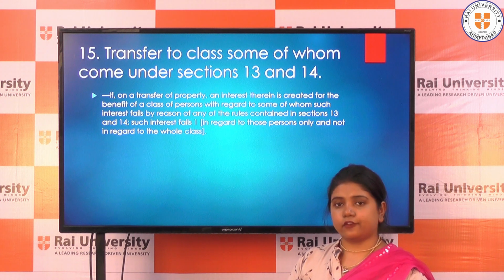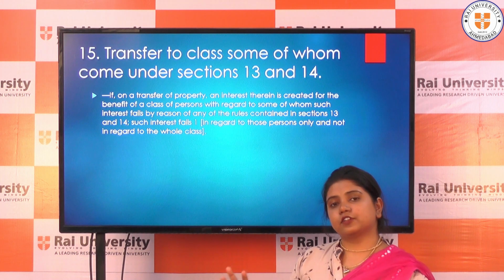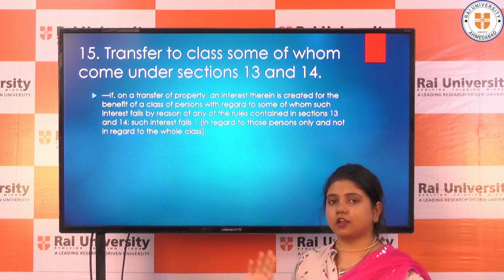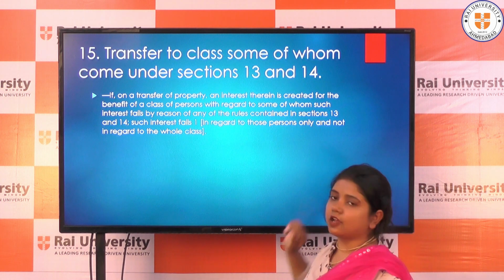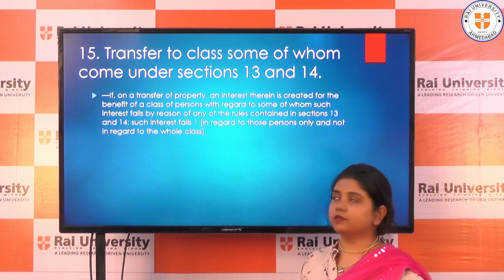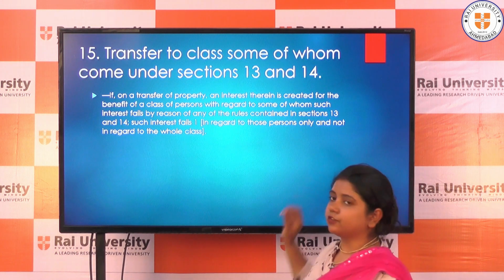So A at first has to transfer the property to B, another person who is living at the time. The life interest is created on behalf of B, and after B the property will transfer to X, who is unborn. This is how the transfer is carried out to an unborn person by virtue of section 13.